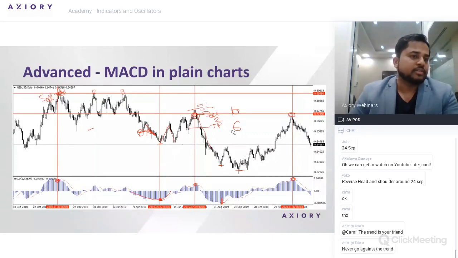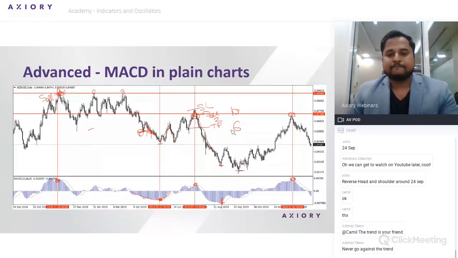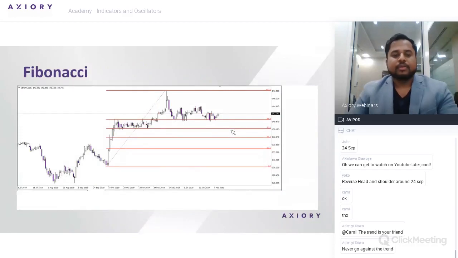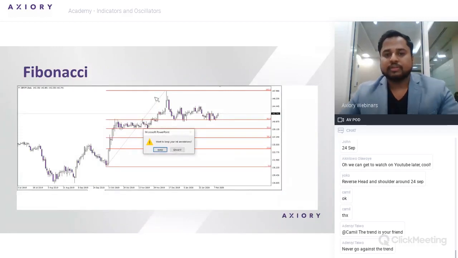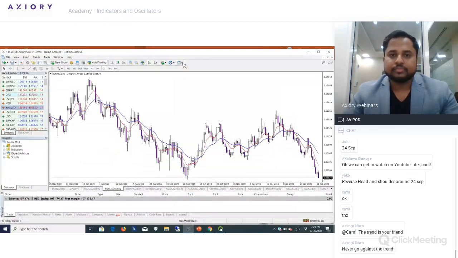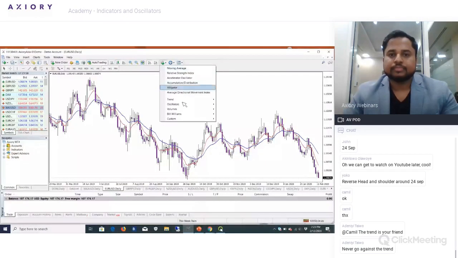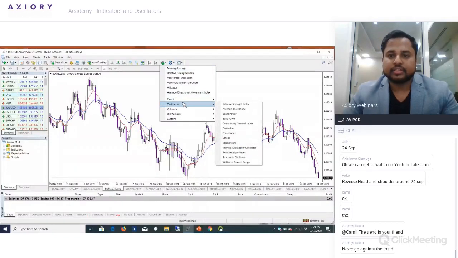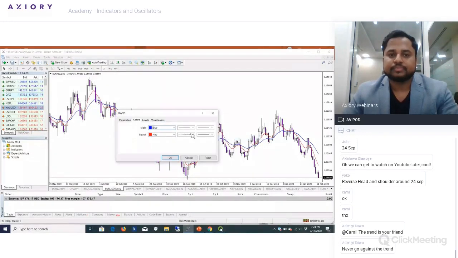Never go against it. Okay, I'll just show you how to keep the MACD here. You go to the chart, go to the indicators, oscillators, MACD.